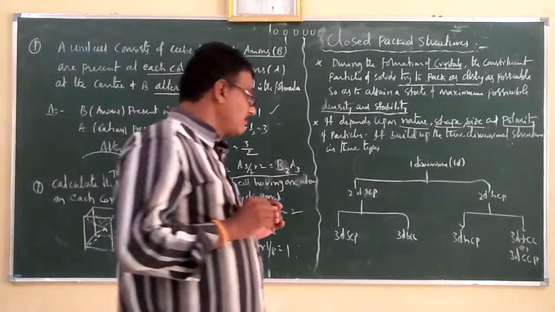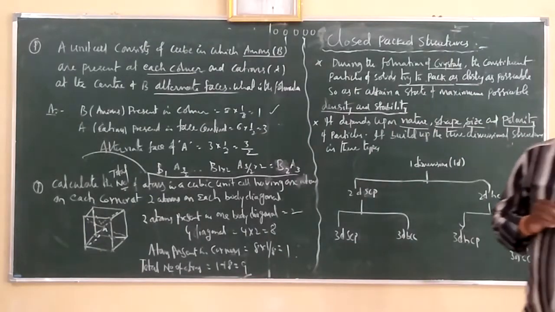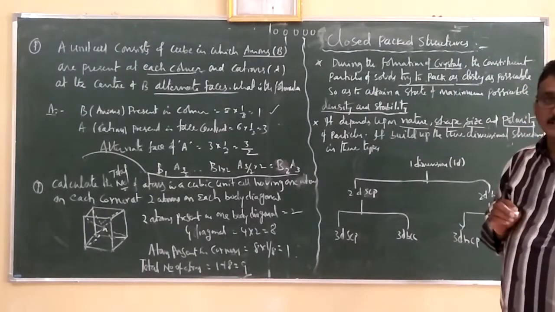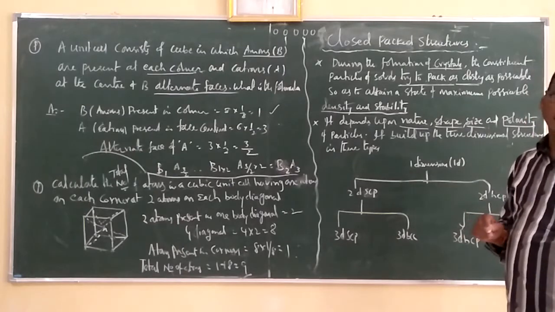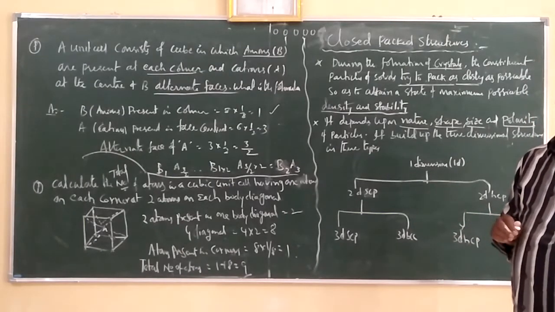So they are divided by dimensions: one-dimensional closed packed structures, two-dimensional closed packed structures, three-dimensional closed packed structures.